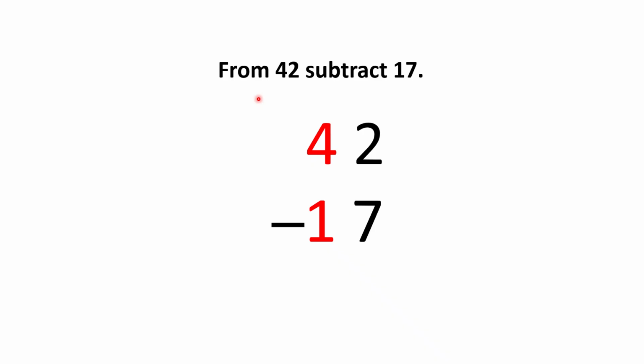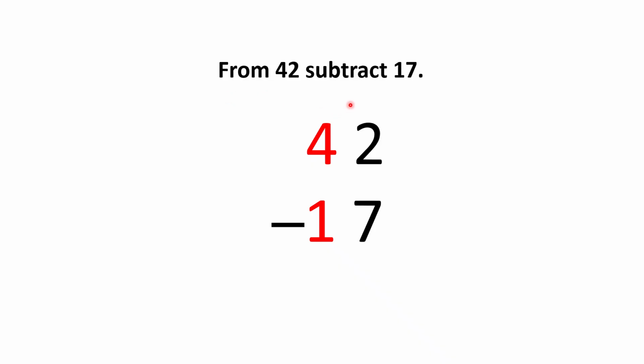Now, suppose we are given: from 42 subtract 17. Sometimes they give subtract 17 from 42. The child should rewrite this. You should teach the child to rewrite it so that "from" is at the start.